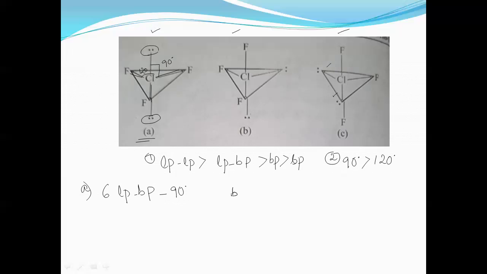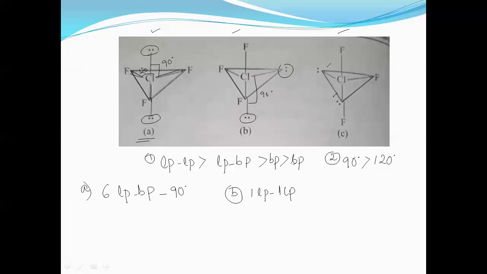And when I come to structure B, one is placed at the axial position and the other at the equatorial position. So when we look at this, how many lone pair bond pair and how many lone pair lone pair repulsions are there? One lone pair lone pair repulsion, because this is at 90 degrees, and 3 lone pair bond pair.